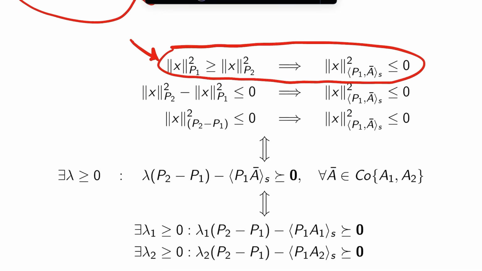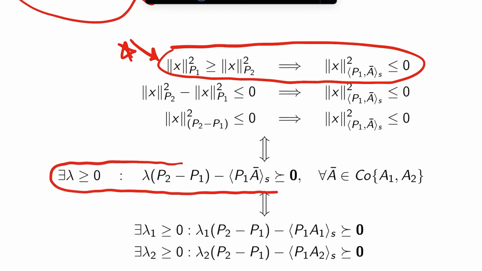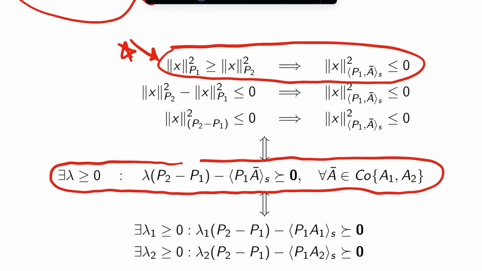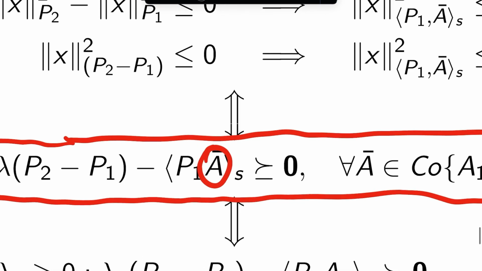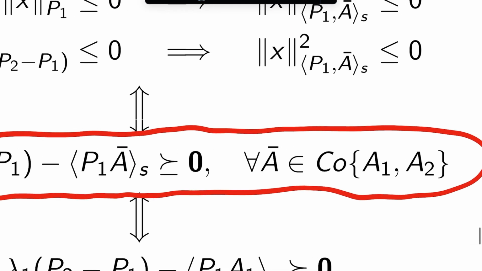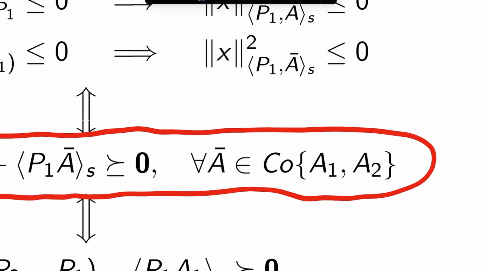Again, this is not a simple condition, but thanks to the people who work on the S-lemma, now we have this condition. And here's the situation. This A bar, and there was a reason why I was denoting it with A bar, right? Because A bar is not a typical run-of-the-mill constant matrix.